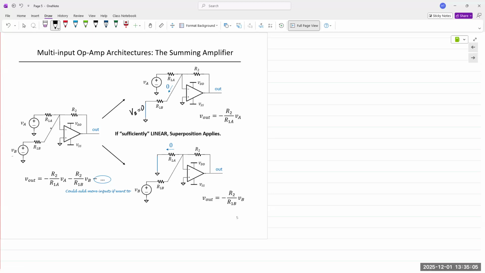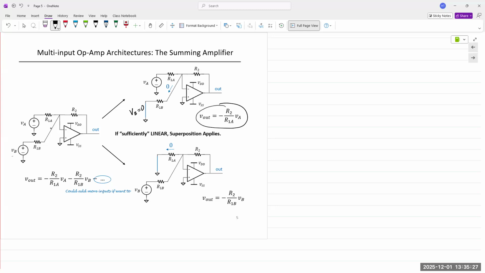Only V_A is active. Our output is a weighted sum of the input, so minus R_F over R_in times the input. So we obtain minus R2 over R1A times V_A.